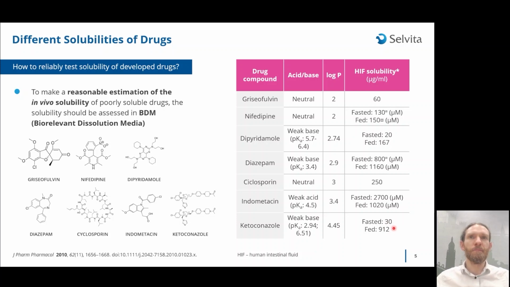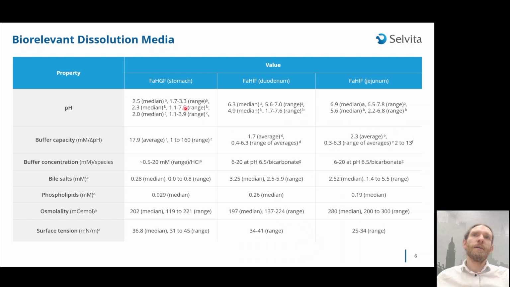Both the gastric fluid and the intestinal fluids in the duodenum and jejunum differ in their pH. In gastric fluids we see a median of 2.5. In the duodenum we see a pH around 6, between 5 and 6 median, and in the jejunum it gets already more neutral or basic through the infusion of the bicarbonates in the duodenum.